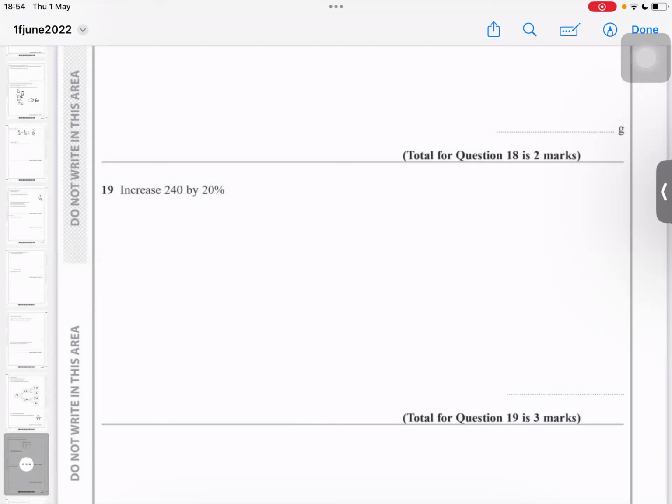That's one way of doing it. Another way is, instead of doing two steps, since it says increase, all we need to do is add 20% to 100%, and then it will be 120% of 240. So 120 over 100 times 240 over 1. Which one would you prefer to do?